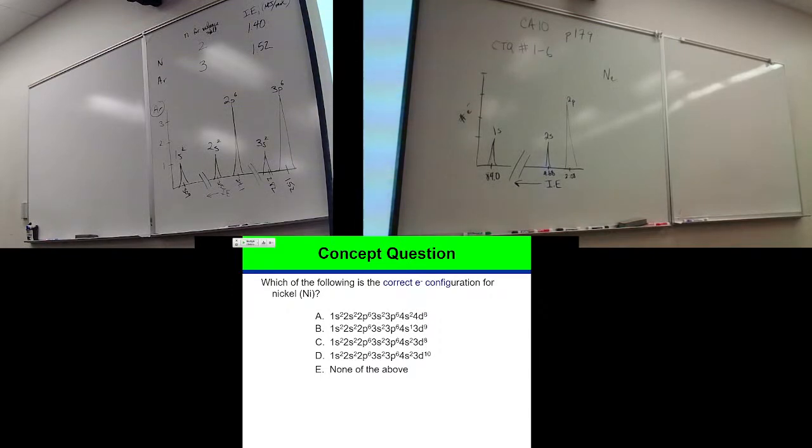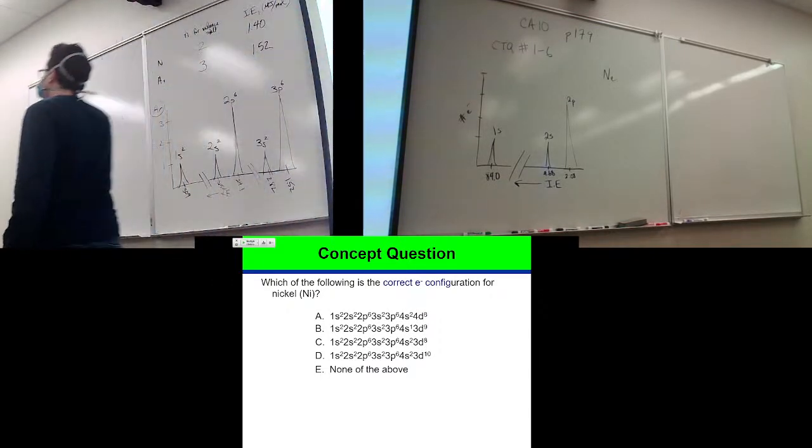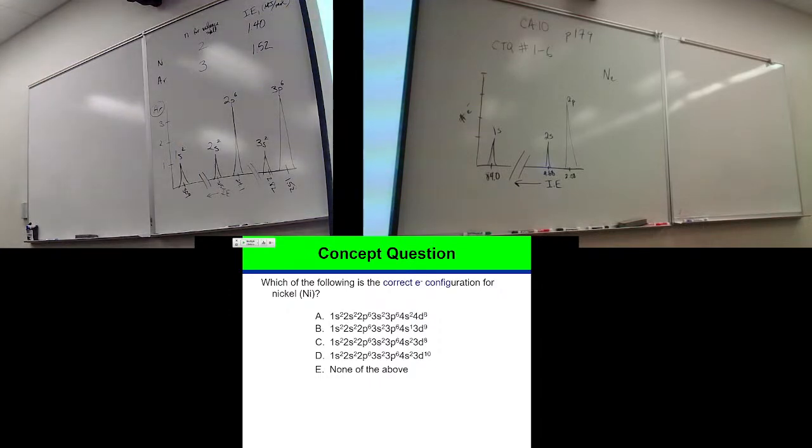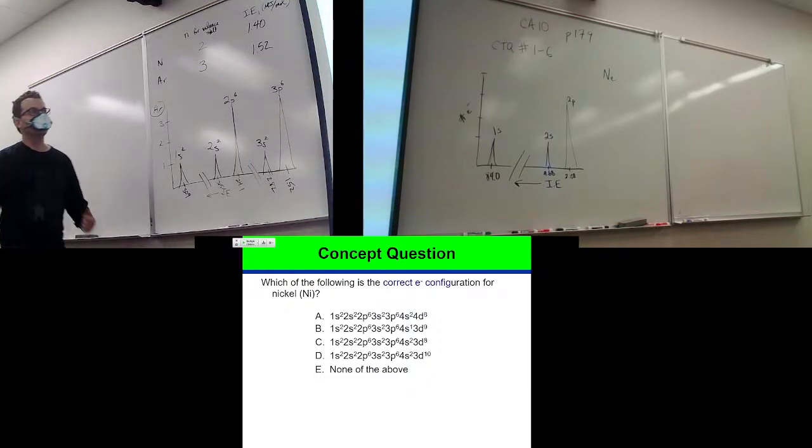So let's start at row 4 with nickel. And so I would say nickel is going to have, the last part of it's going to be 4s with 2 electrons in it, full. And then over here, 1, 2, 3, 4, 5, 6, 7, 8, 3d with 8 electrons in it.